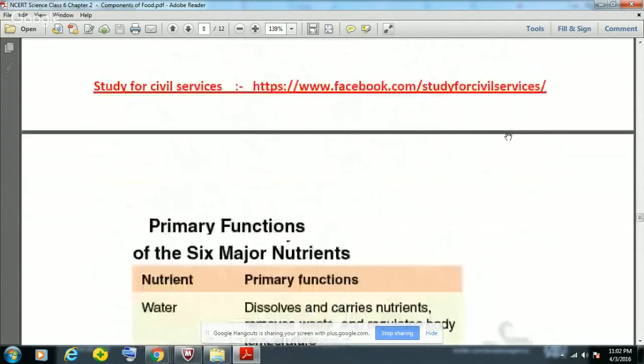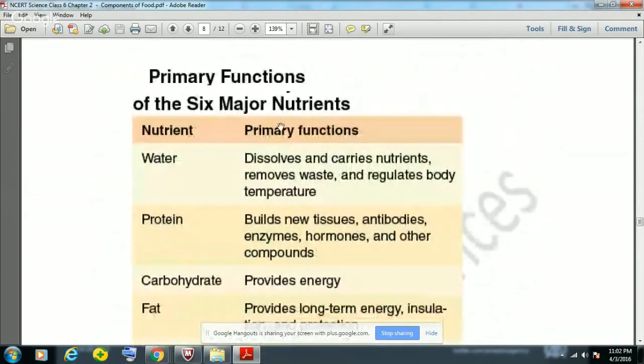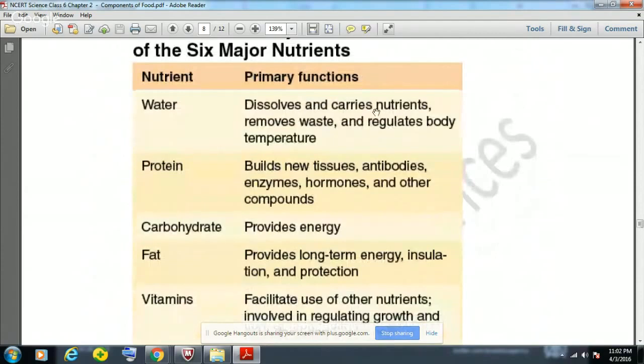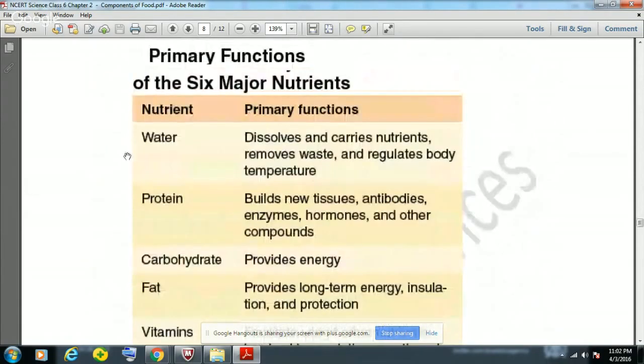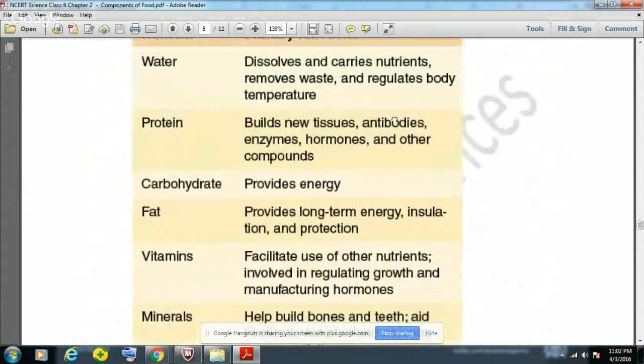Obesity will create a lot of problems for us. Now I have collected this picture from the net, and it is not from the NCERT book. This picture explains the primary function of all the six major nutrients and water and roughage. Water dissolves and carries nutrients, removes waste and regulates body temperature.